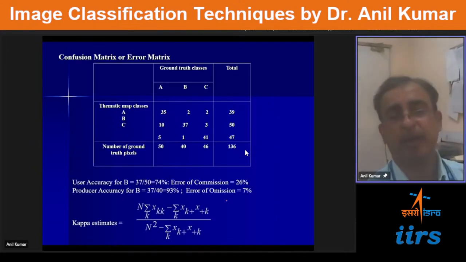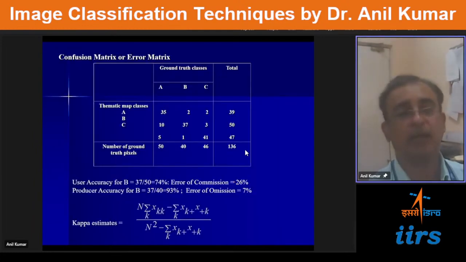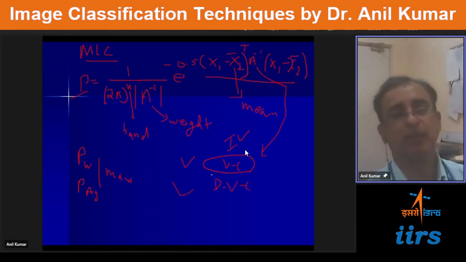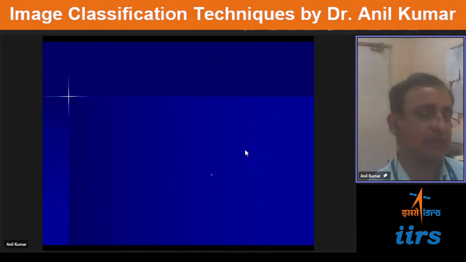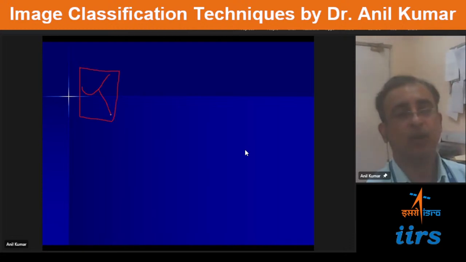Coming to the next part, image accuracy assessment. Once we create the thematic map through digital image classification, suppose this is your thematic map, which shows this is water, this is agriculture, and this is your forest class.